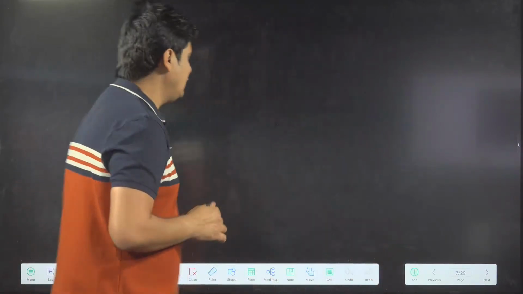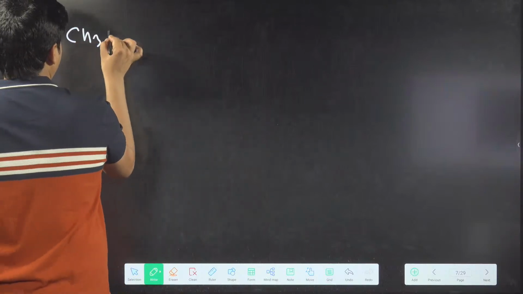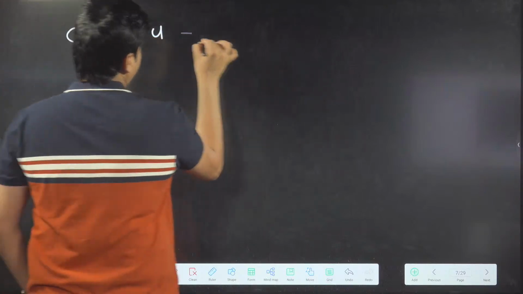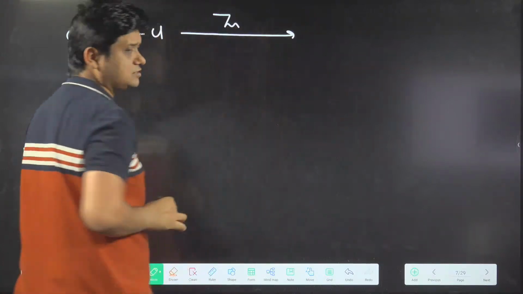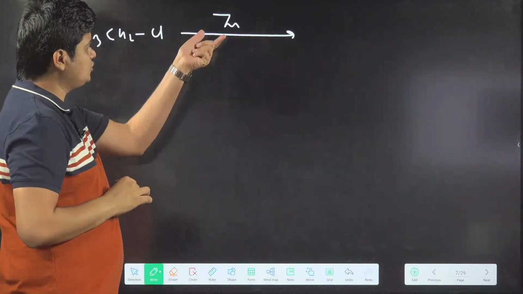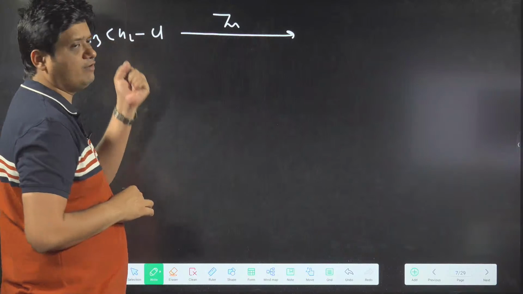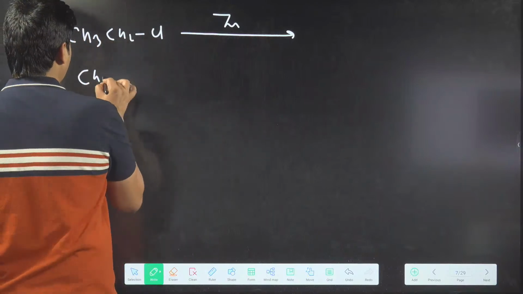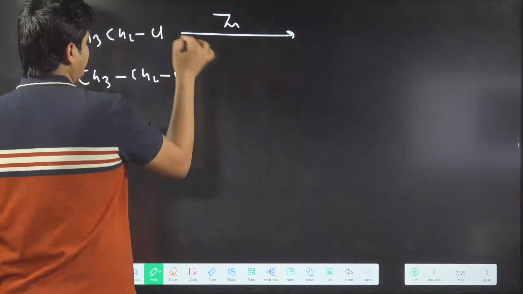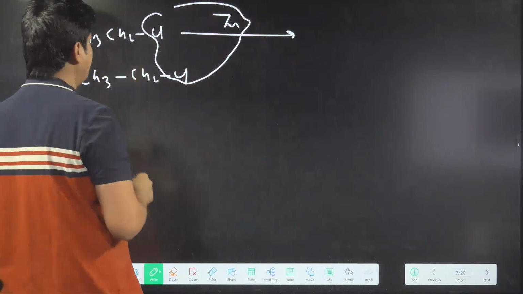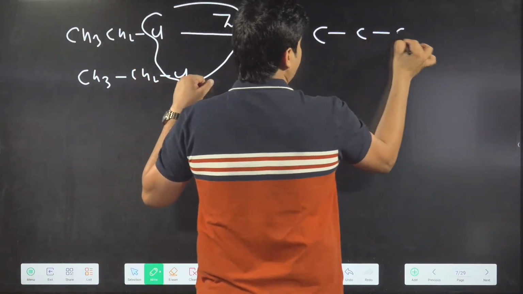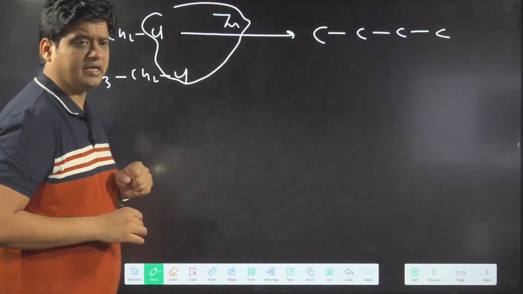For example, let we have this one, CH3CH2Cl, treating with zinc dust. What will happen? Zinc is looking for 2 halogens. It is a monohalide. What will happen? It will react with 1 more molecule of same. What will happen? ZnCl2 we have to remove. What will happen? They are going to combine. You will get 4 carbon alkane.